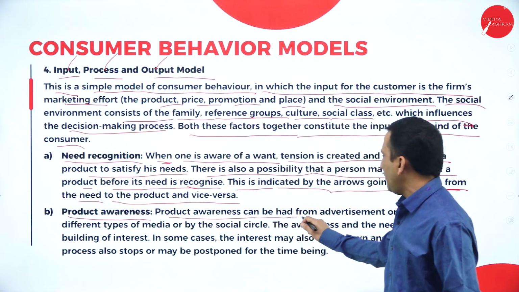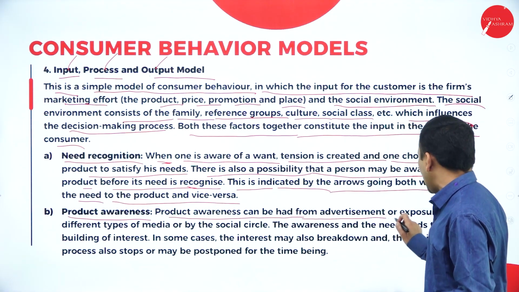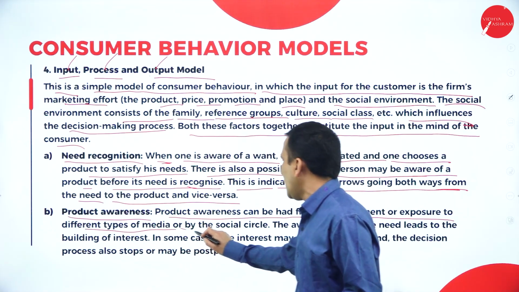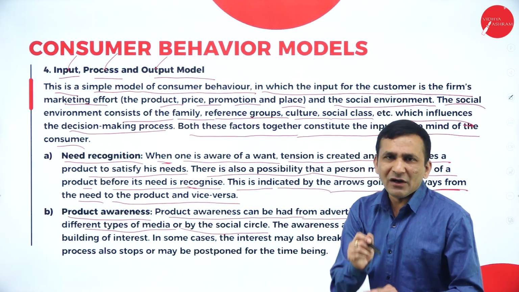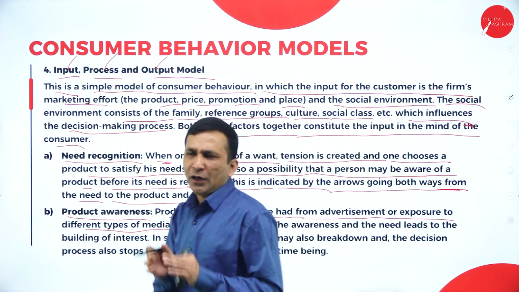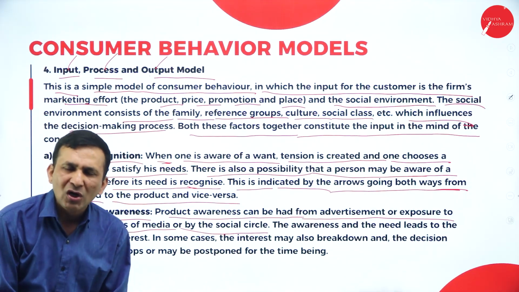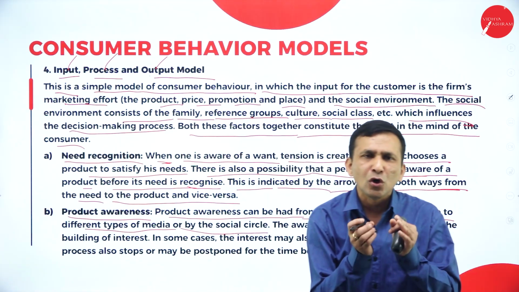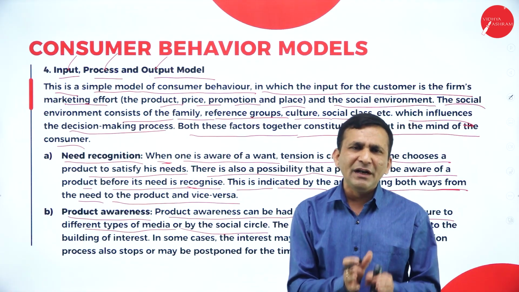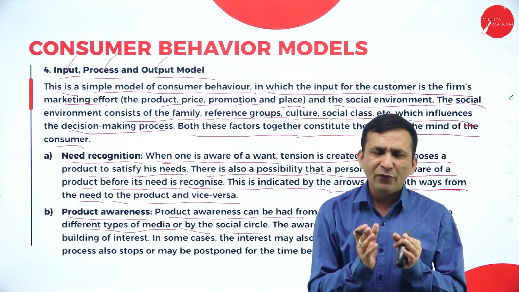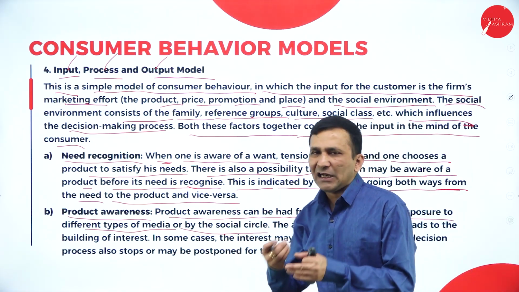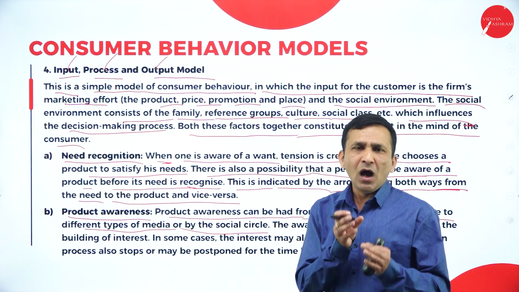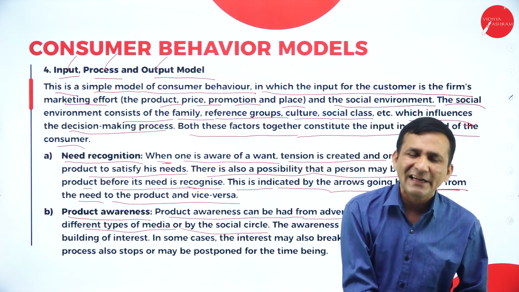Product awareness can come from advertisements, exposure to different types of media, or the social circle. If you are offering any specific product based on STP, segmentation, targeting, positioning, the company needs to study the STP perfectly, so that they know exactly where consumers are located, how to focus, and how to create awareness.